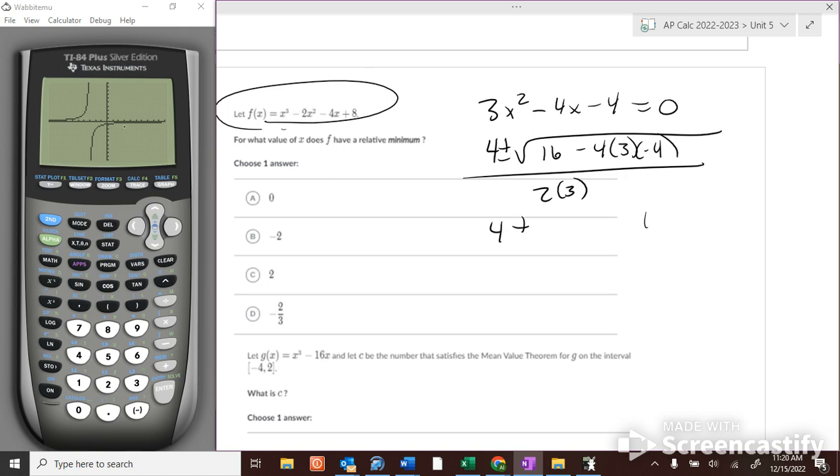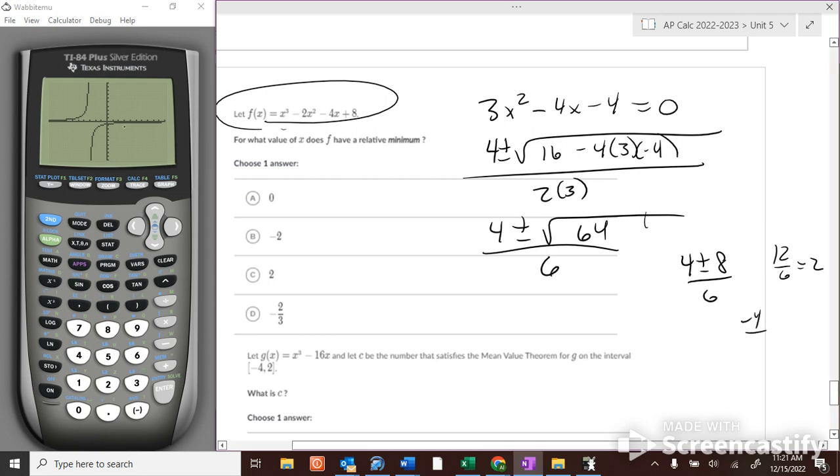So it's 4 plus or minus the square root of 16 plus 48, which is 64, over 6. So it's 4 plus or minus 8 over 6. So it's 12 over 6, which is 2, or negative 4 over 6, which is negative 2/3. So it's either 2 or negative 2/3, these two. Where does it have a relative minimum?